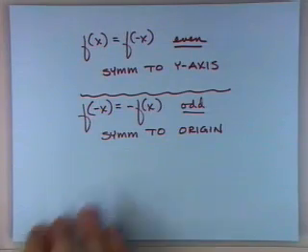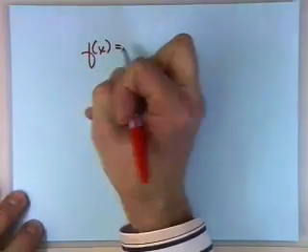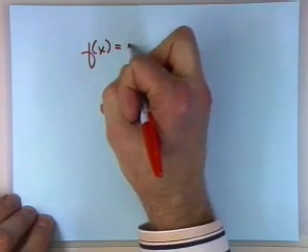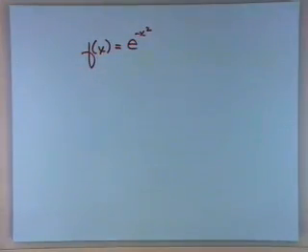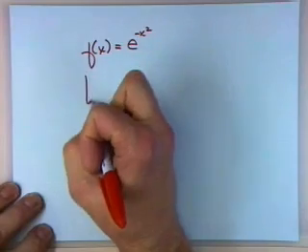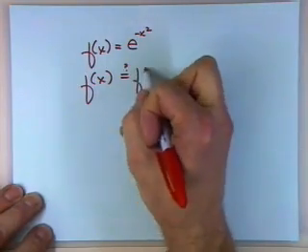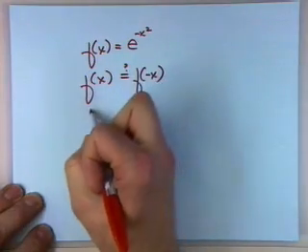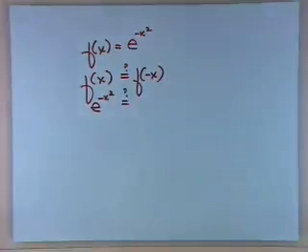So let me go back and do what I said I was going to do. Let's take one that was in fact even. This was even: e to the negative x squared. Well, the x squared even power ought to give you a clue that it's an even function. But is f of x equal to f of negative x? Well, f of x is the way it was handed to us.